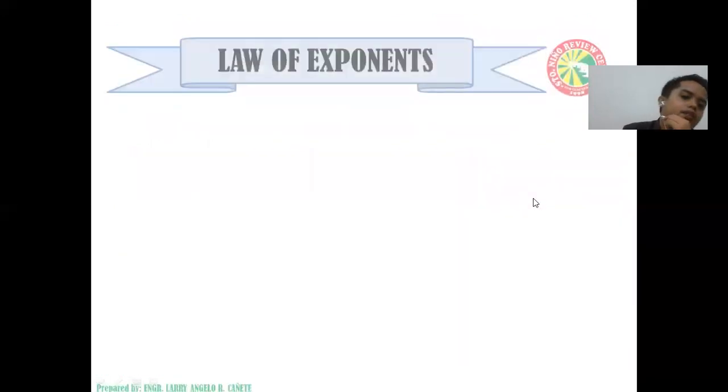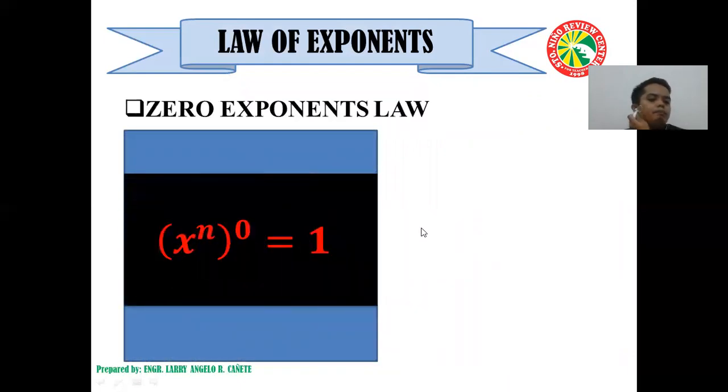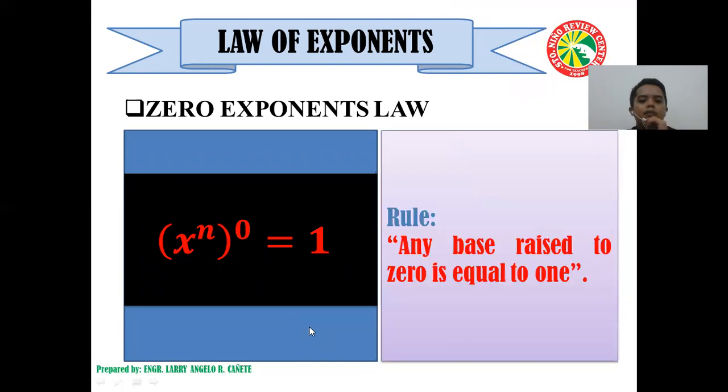Now, let's tackle the basic laws of exponent. First is the zero exponent law. It is stipulated here that the quantity of x raised to 0 is equal to 1, or any base raised to 0 is equal to 1.